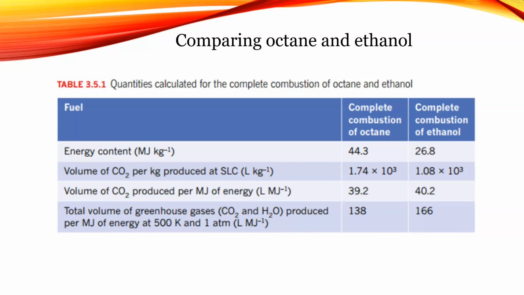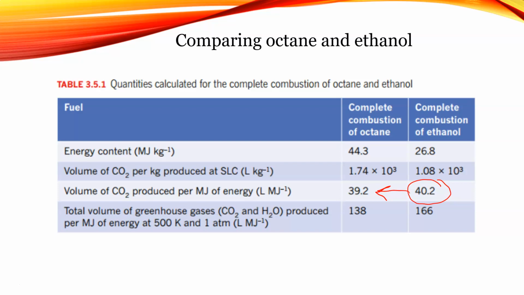But then when you look at the volume of CO2 per megajoule of energy, ethanol is now higher. Now, it's not hugely higher. Personally, I don't know that that's the biggest problem in the world. So we don't make a lot more CO2 per megajoule of energy.